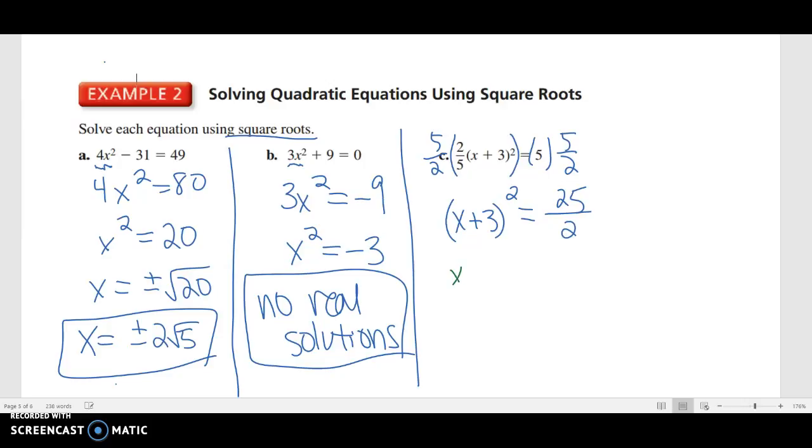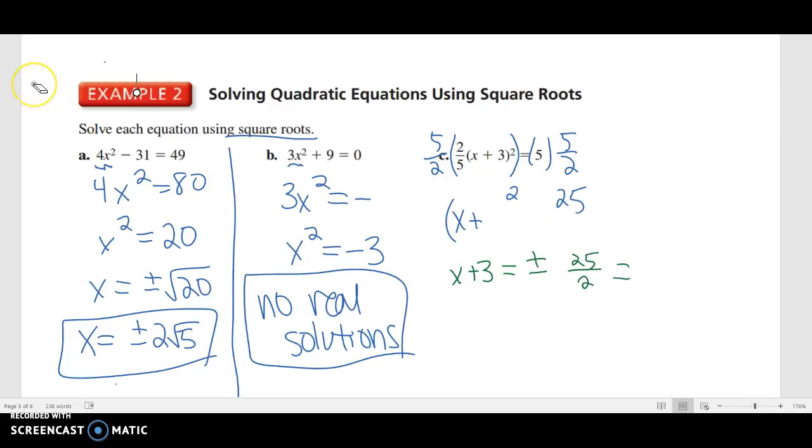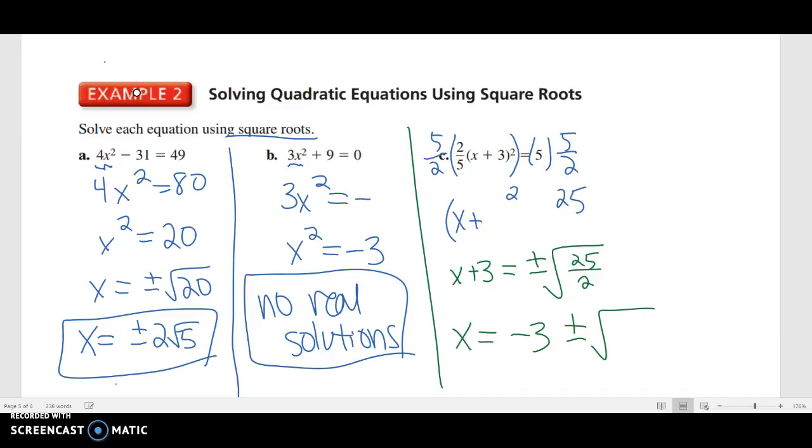So if I take the square root of both sides now, I'm going to get x plus 3 equals plus or minus the square root of 25/2. Now I want to subtract 3 from both sides, so I'm going to say x equals -3 plus or minus the square root of 25/2.